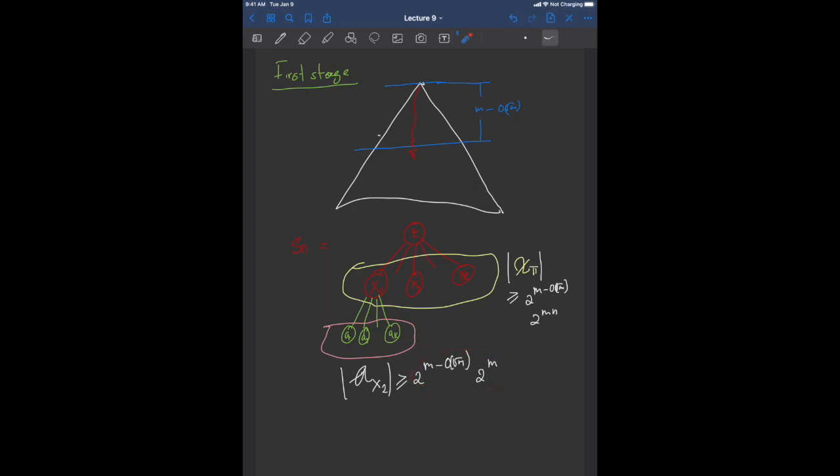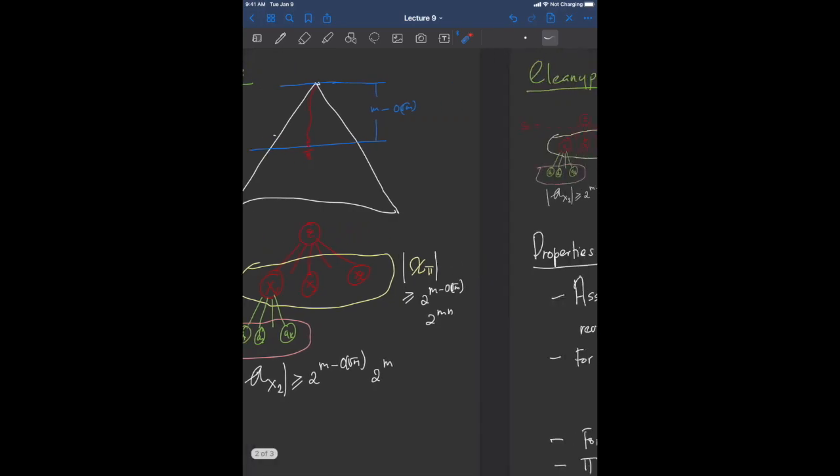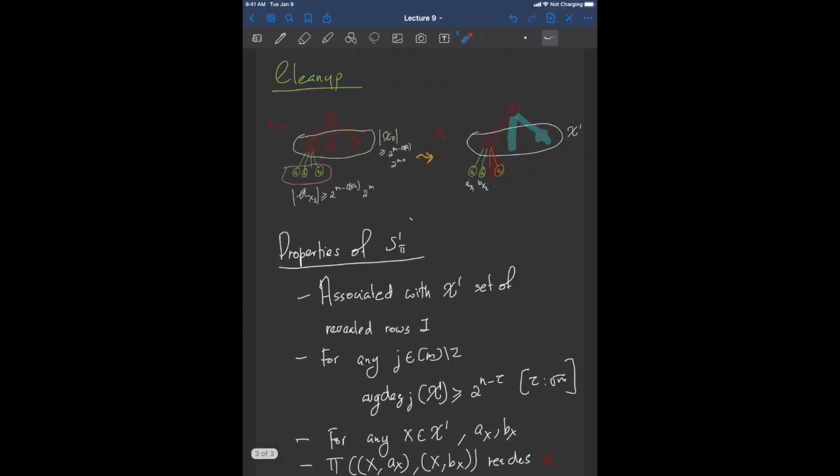So at the end of the first stage, we have these two guarantees, and using these guarantees and using this average degree of a row as a measure of information, we were able to do the following cleanup. So what did this cleanup do? It took this fairly large set S pi and did some pruning.